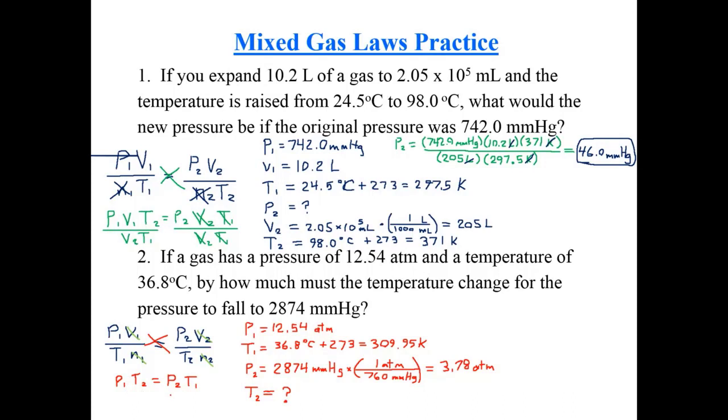I do think it saves a lot of time rather than plugging in the numbers and then manipulating it. So in this case, I'm looking for T2, so I just have to divide both sides by P1, right? Yes. And so it'll be T2 is equal to P2 times T1 over P1.